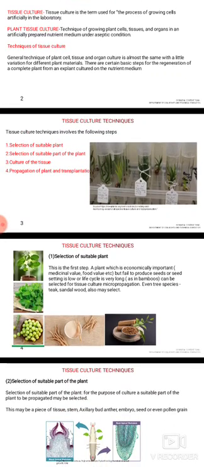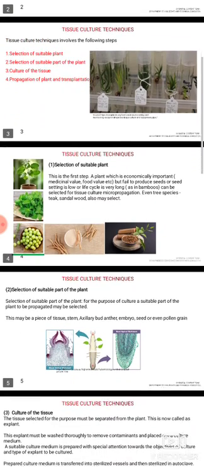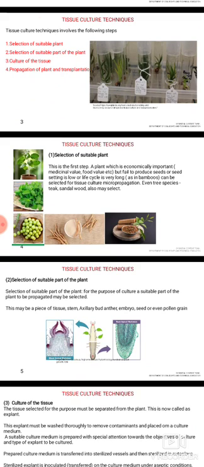Tissue culture involves the following steps. First is selection of a suitable plant. Next is culture of the tissue and propagation of the plant and transplantation.